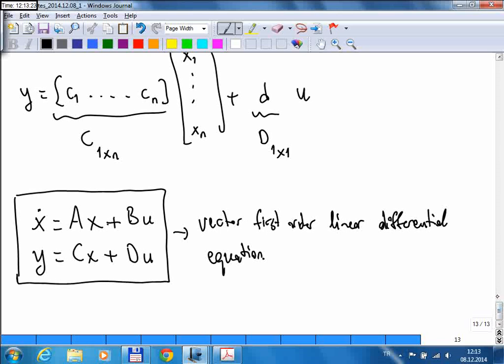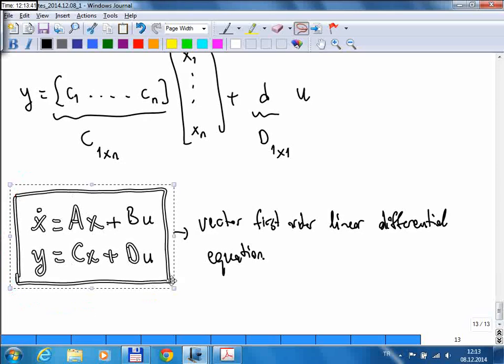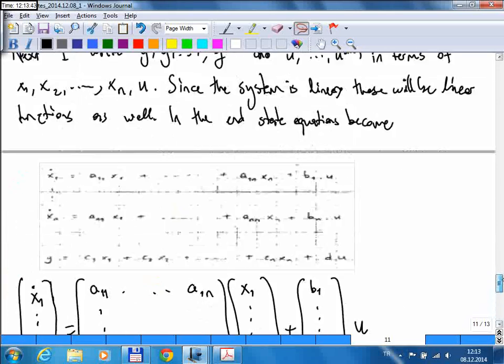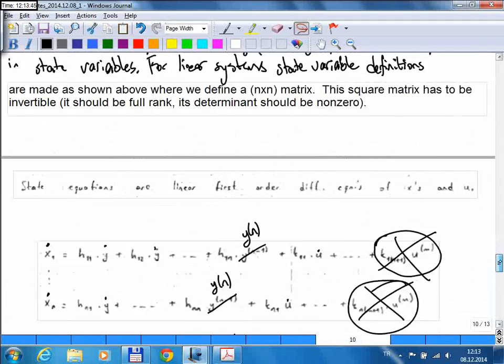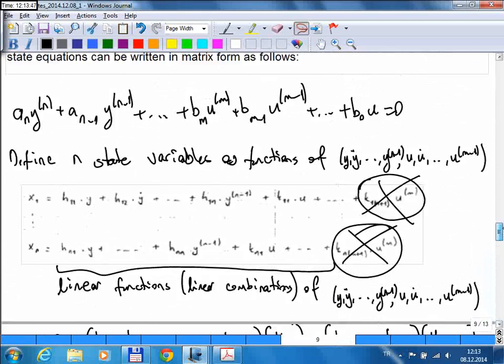Okay, so these are just matrices now. This is an n by n matrix, this is an n by 1, and so are these, they are all matrices. And for numerical solution, this increases the efficiency. If you are doing numerical analysis, then this form is better to work with instead of the original nth order equation.